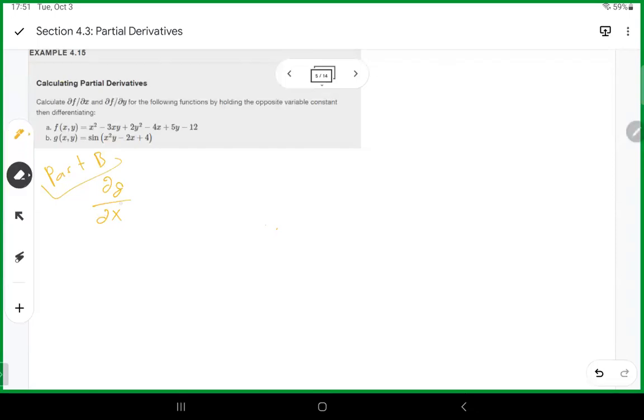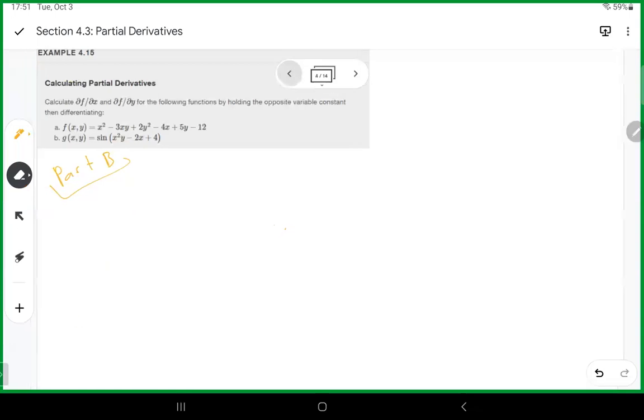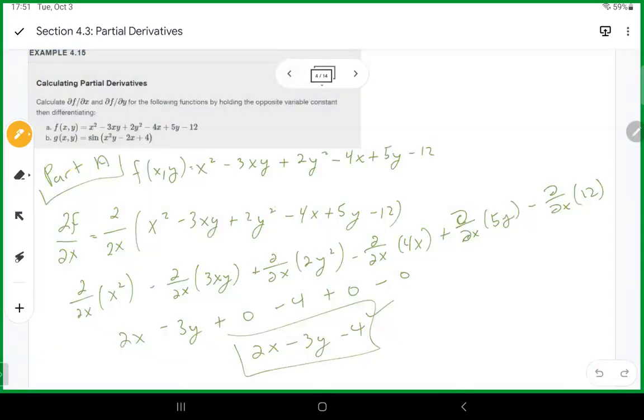Oh, that's not really part B. Well, that is. I didn't finish part A. Let me squeeze it in here. I'm going to try to do it a little bit more condensed. If you guys need to break it up the way we just did, you can. But I don't have a lot of room.